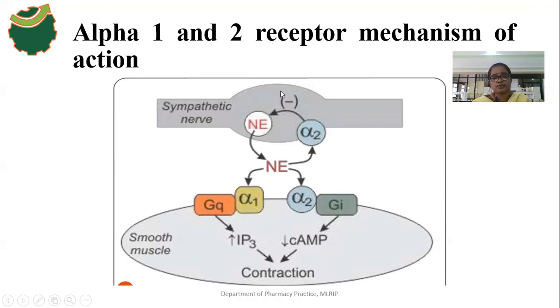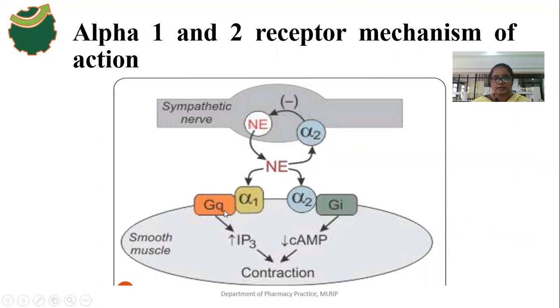In response to nerve impulses, the presynaptic nerve terminal stimulates the release of neurotransmitter, and the name of that neurotransmitter here is noradrenaline. If the noradrenaline binds with alpha 1 receptors, this alpha 1 receptor is associated with what protein?